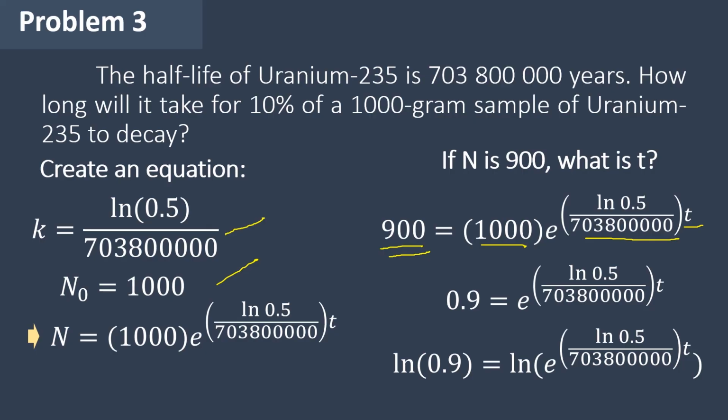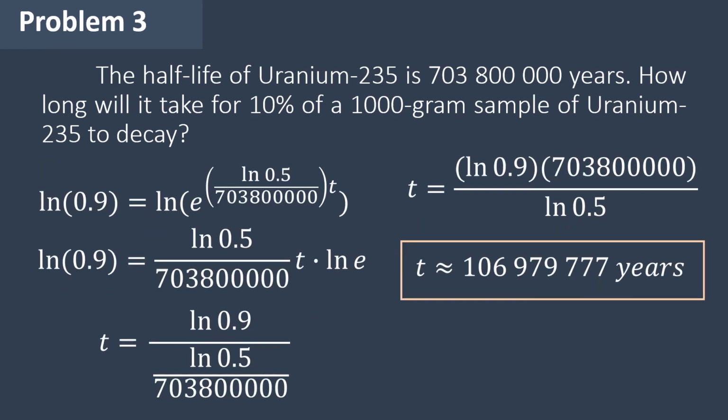So we're going to substitute all the given sa ating formula. Divide both sides by 1,000, kaya naging 0.9 na lang yung nasa left side ng equation natin. Then, simplify further. We arrive with the value of t as the natural logarithm of 0.9 all over the natural logarithm of 0.5 over 703,800,000.